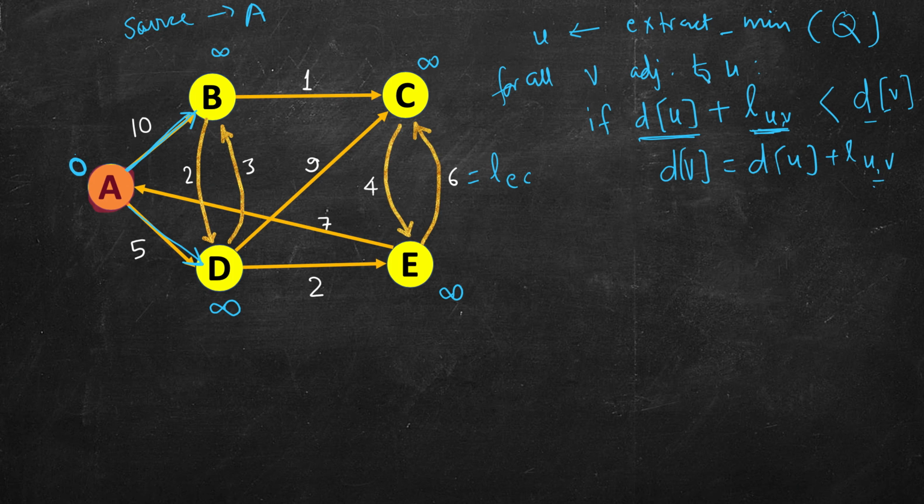So we do this for all the neighbors of U, the node that was popped. And we keep on doing this until the queue is empty. Until queue is empty.